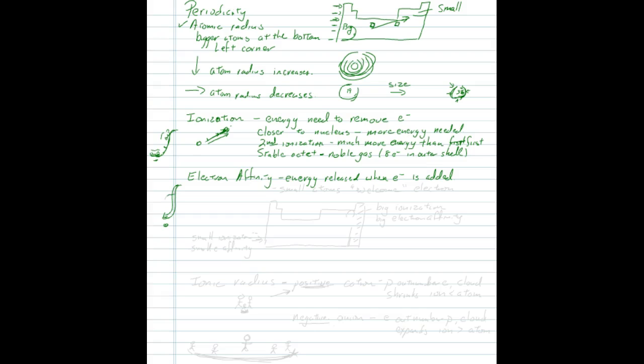If there's a ledge, if the cliff is not as high, this is a large atom, then you're not going to get so much energy out of it. Small atoms welcome the electron.